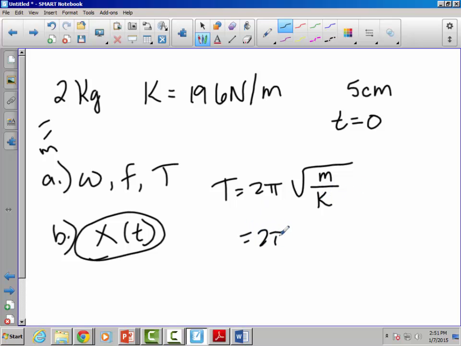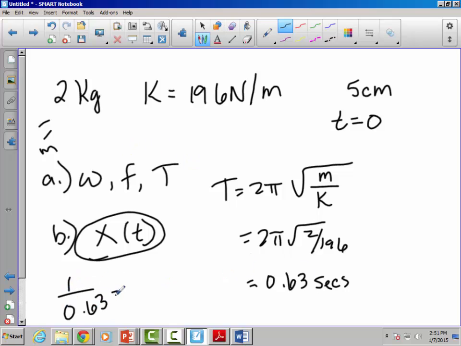So this is 2 pi square root of 2 over 196, and when we plug all of that in, we get 0.63 seconds for our period. Now, to find the frequency, all I have to do is take the inverse of that number, so 1 over 0.63. That gives me a frequency of about 1.5 hertz. So, 0.63, 1.5.